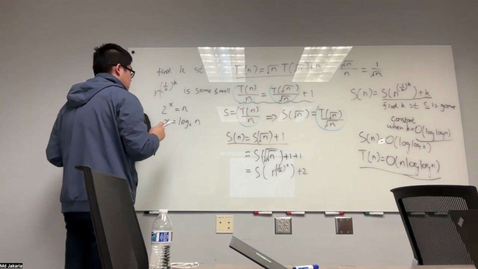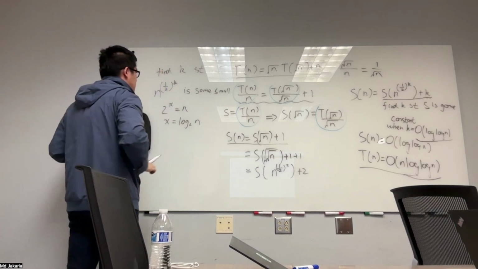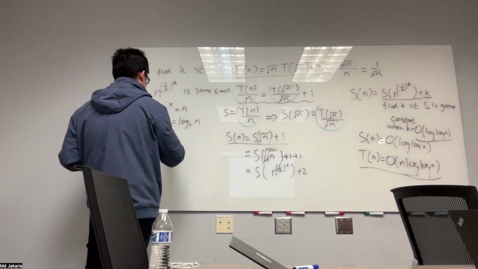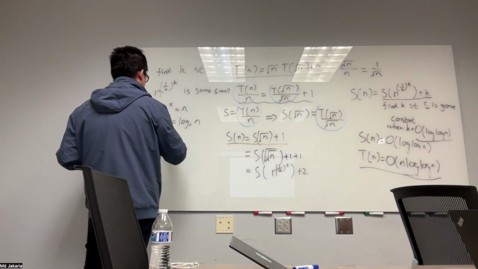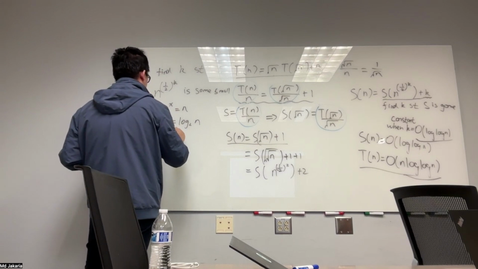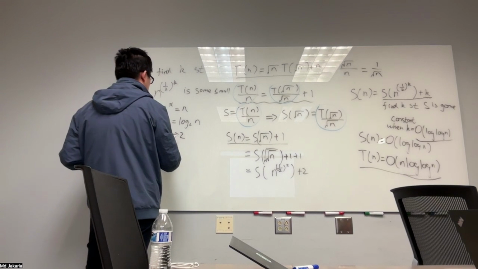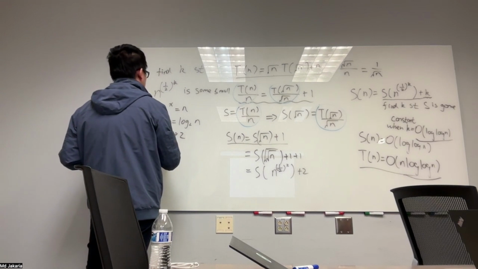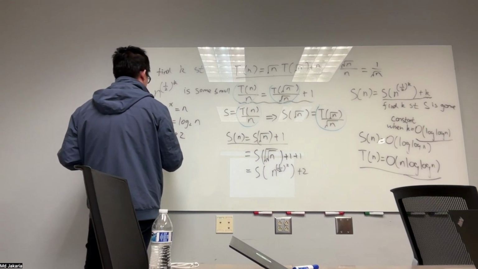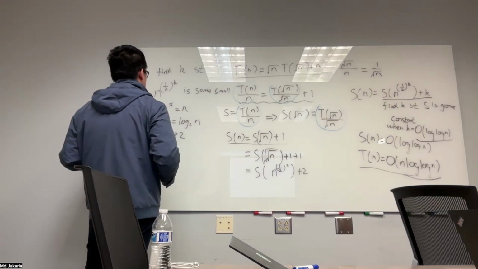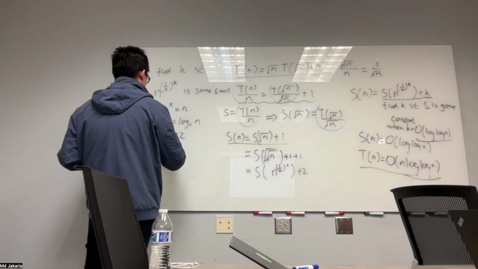This is some logarithmic algebra. How do we get from n to 2? That's the question. So we can do n to the, I want to say, 1 over x.